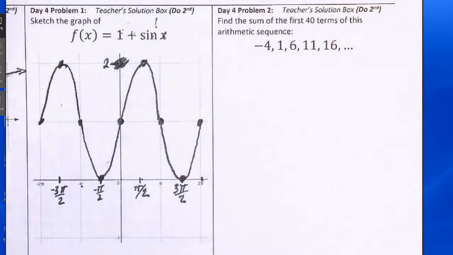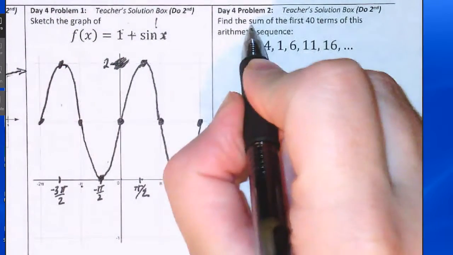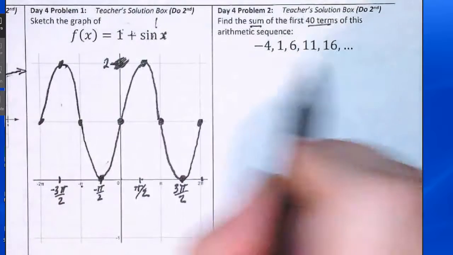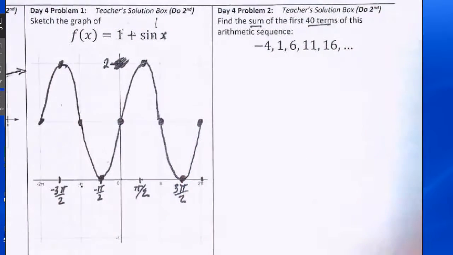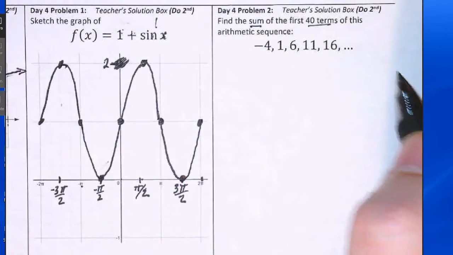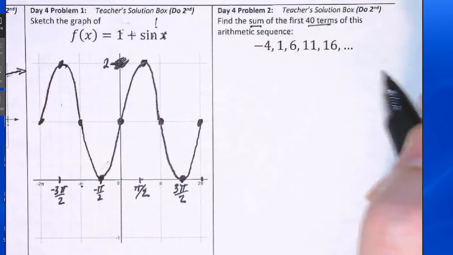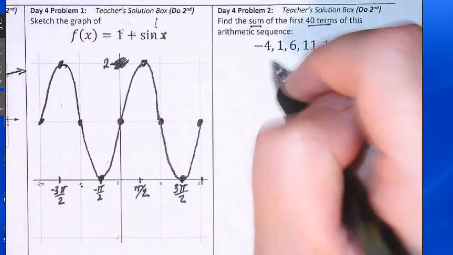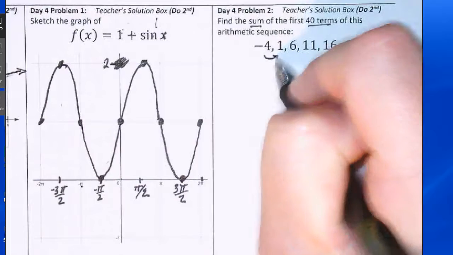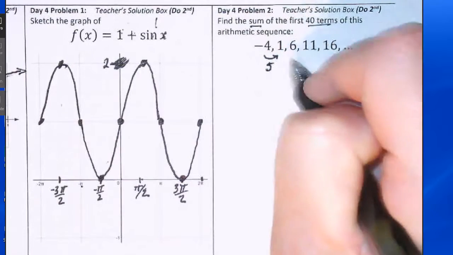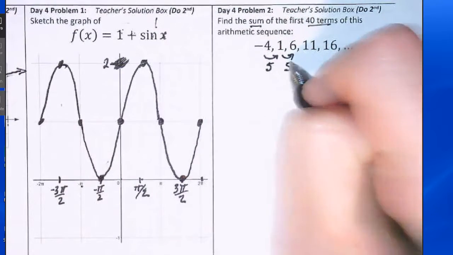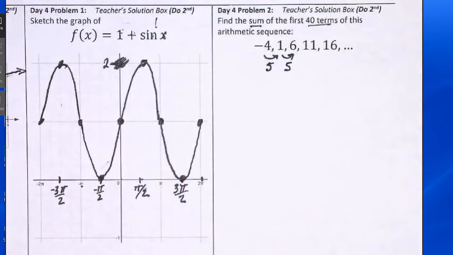Day 4, problem 2. Find the sum of the first 40 terms of this arithmetic sequence. Arithmetic sequences have common differences, or a constant rate of change between terms. In this case, that common difference appears to be 5. It's increasing by 5 each time.